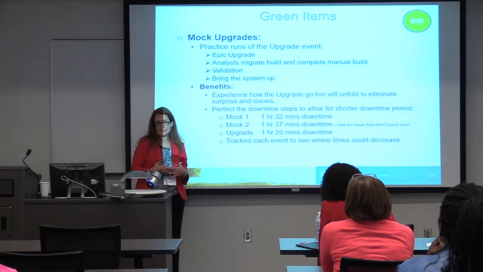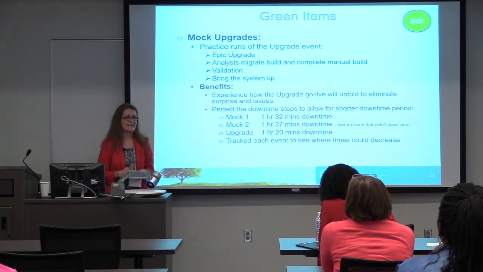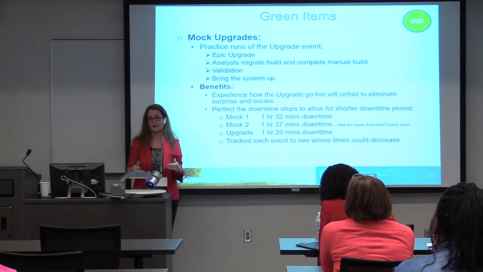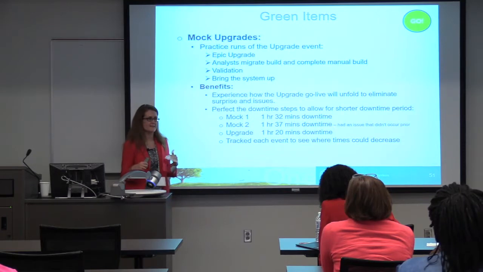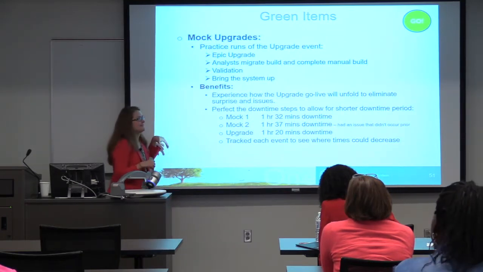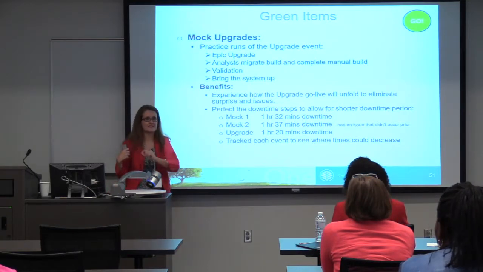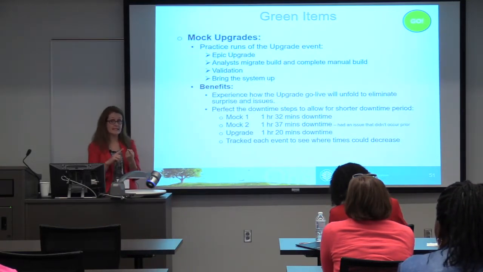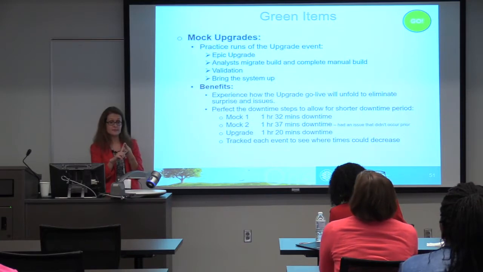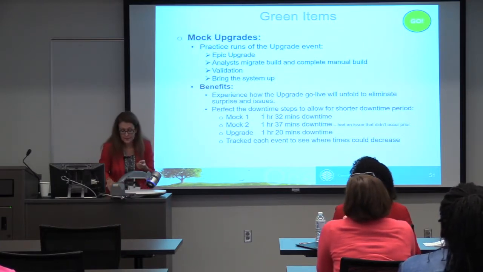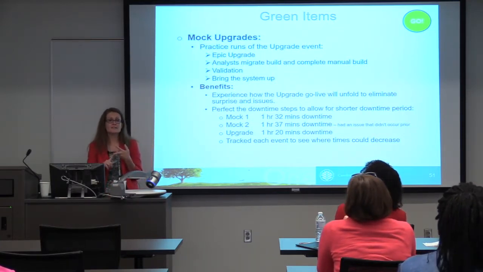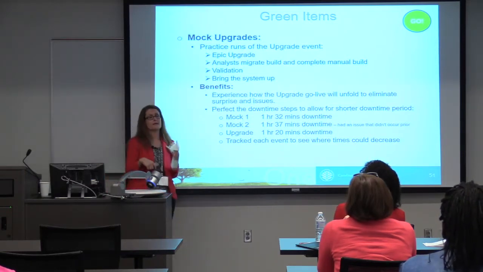I may have made this into a bit of a competition amongst the teams, because I wanted the upgrade to be as short as possible in terms of downtime. So we had the Post-it stickies on the wall, and we time-stamped everything. How long did it take EPIC to be down? Are y'all done yet? How long did it take each application team to do their build? How long did it take them to validate?